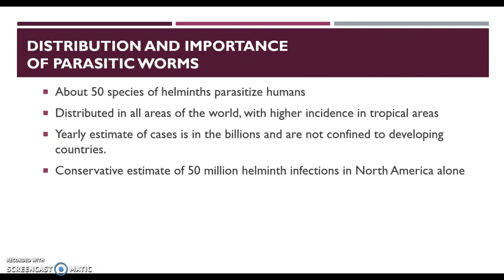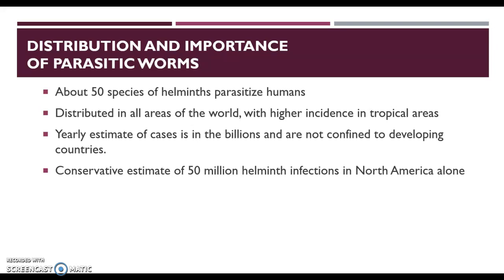There are about 50 species of helminths that parasitize humans, and they are distributed in all areas of the world. They are more predominant in tropical areas, but I just read an article today about a large number of cases of hookworm in the southern United States. So they can be found in a number of places around the world.